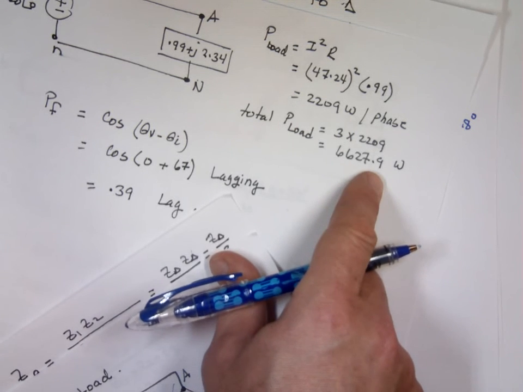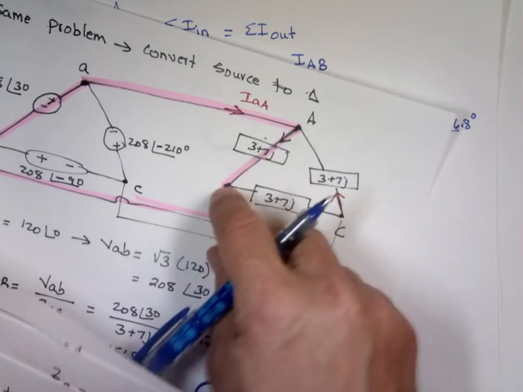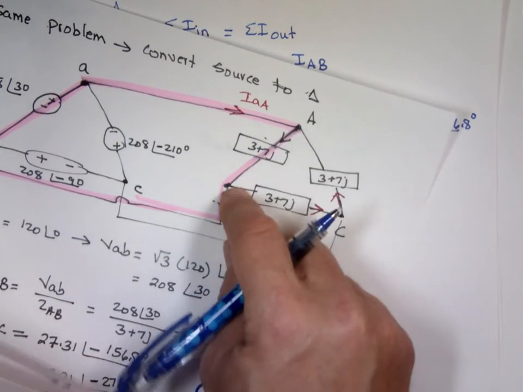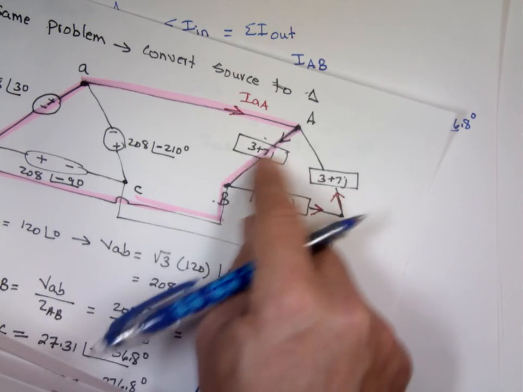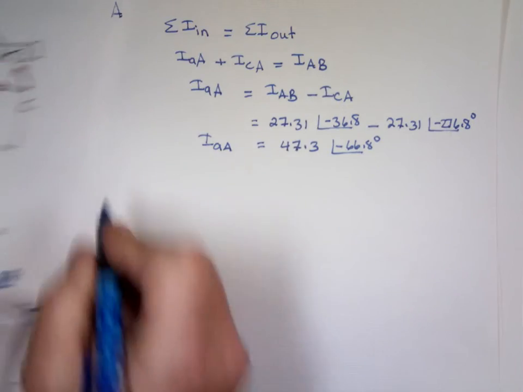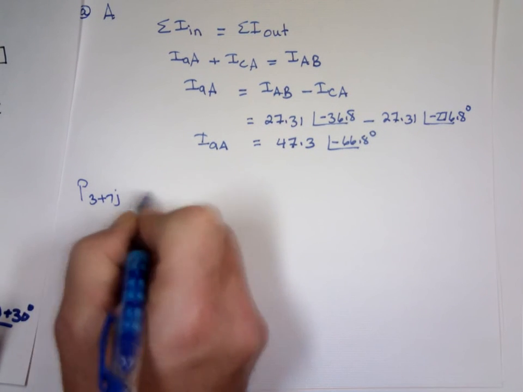So let's look at it. I know the current through this. That's A to B. So I can tell you the average power absorbed by that impedance. P average for the 3 plus 7j is the current through it squared times the resistor. What's the current through it?